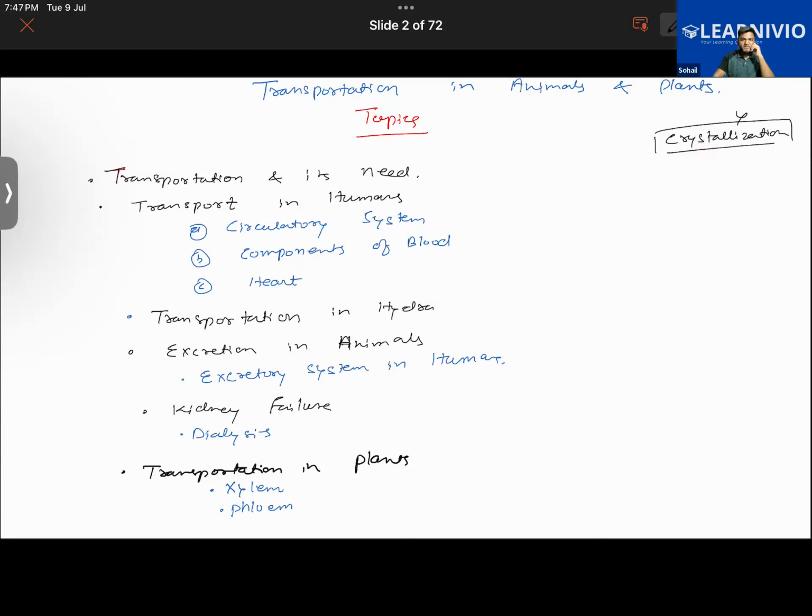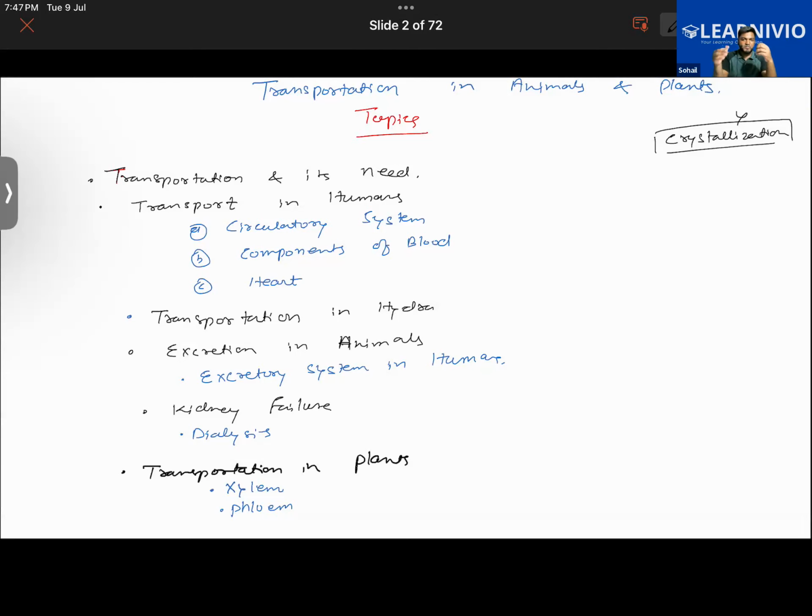Priyanka, recall this. We had the example of crystals of copper sulfate. You guys are not revising. Crystallization was a process using which you can separate a pure substance from a mixture of impure solution. Getting it?